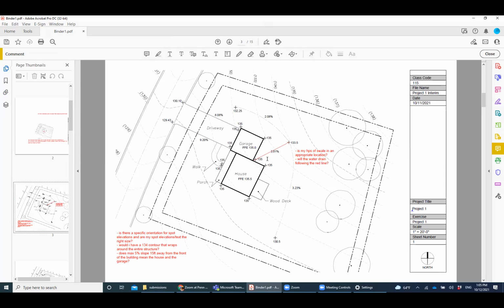But if I don't want my upper hillside to be too steep, then I can pull the swale closer to my building. Then the 134 doesn't need to be changed here.